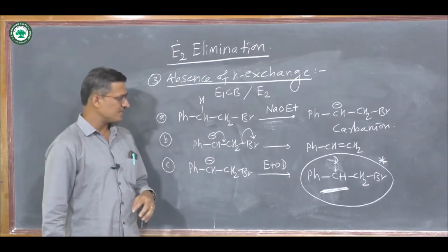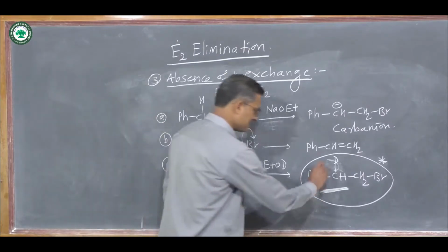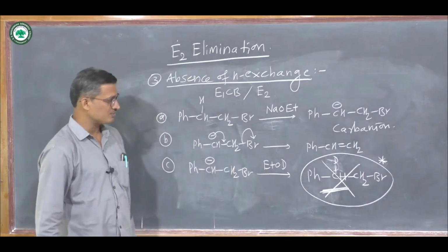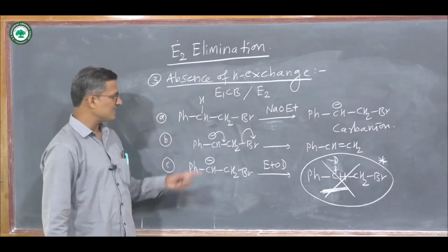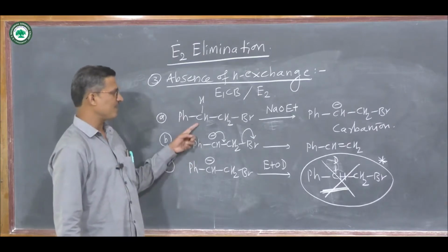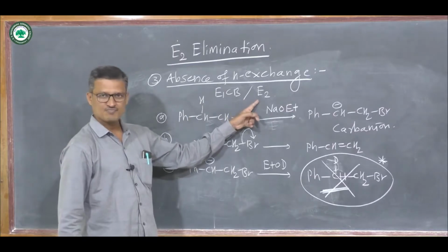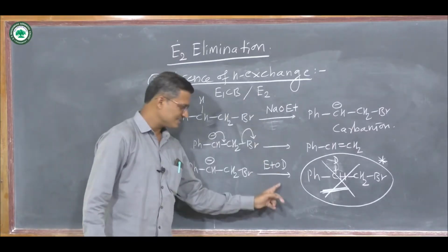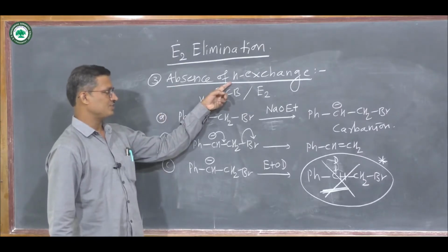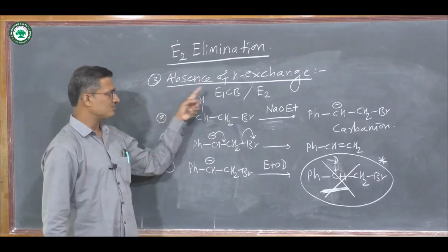But actually, when we take this type of substrate, we don't get this type of product in the reaction mixture. So it indicates that this substrate, 2-phenyl ethyl bromide, does not react by E1CB but reacts by E2. This is a simple experiment, and this is the absence of hydrogen exchange. In E2 elimination there is an absence of hydrogen exchange.